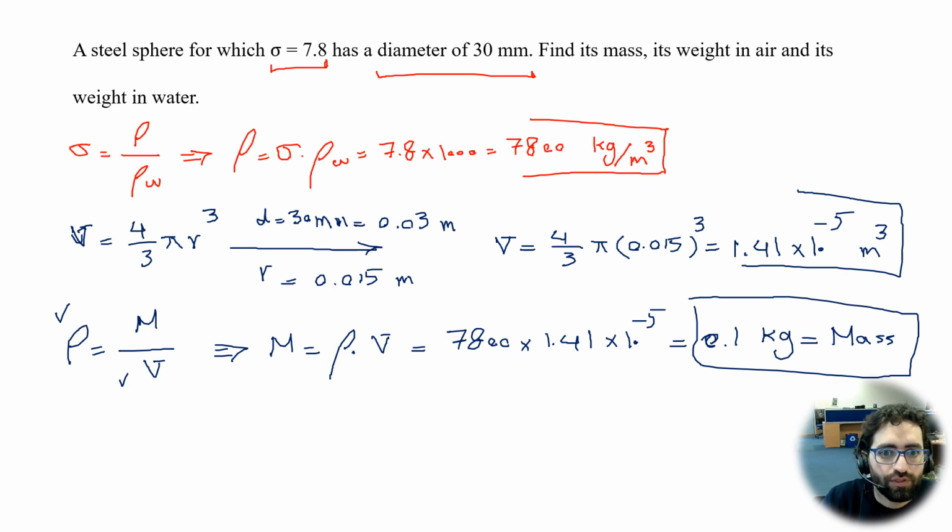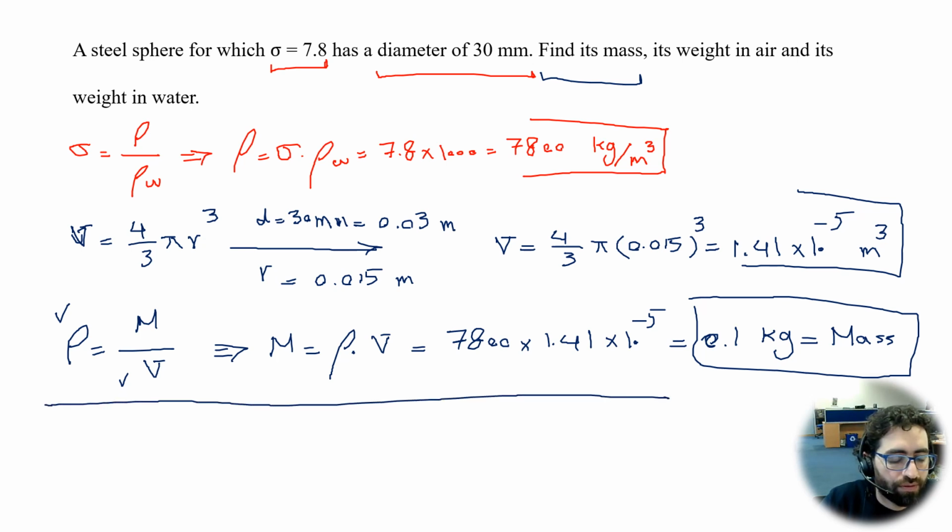Okay, so we found this part. Now we are going to find its weight in the air. As I told you, the buoyancy force in gas is negligible. So the weight in the air is equal to mass multiplied by g.